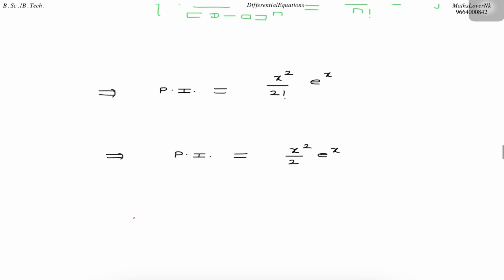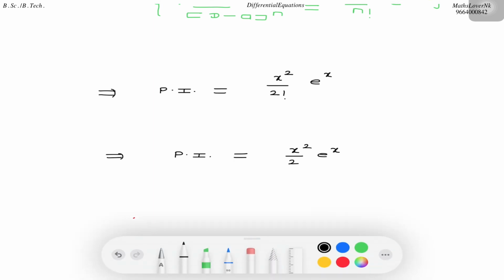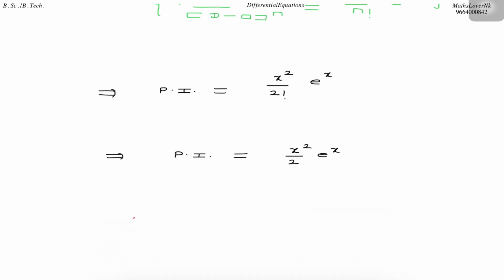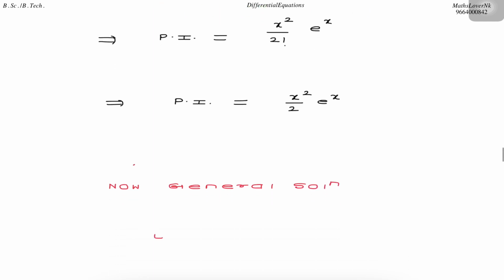Now the general solution, GS, is given by y is equal to CF plus PI, complementary function plus particular integral.